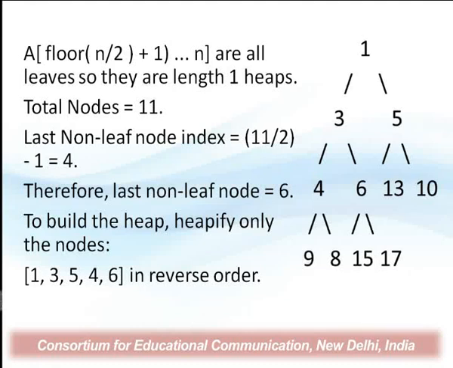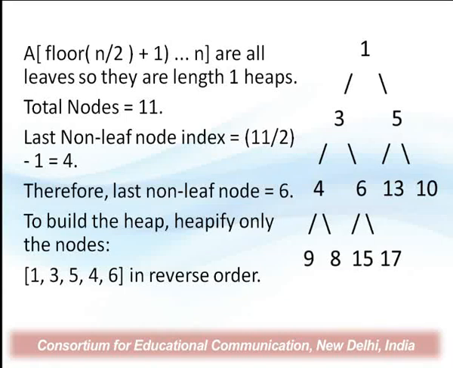Here we have 11 nodes in all, and please notice that all the leaves, that is 13, 10, 9, 8, 15 and 17, are considered as individual heaps. That means we essentially need not perform the heapify procedure on these leaves.